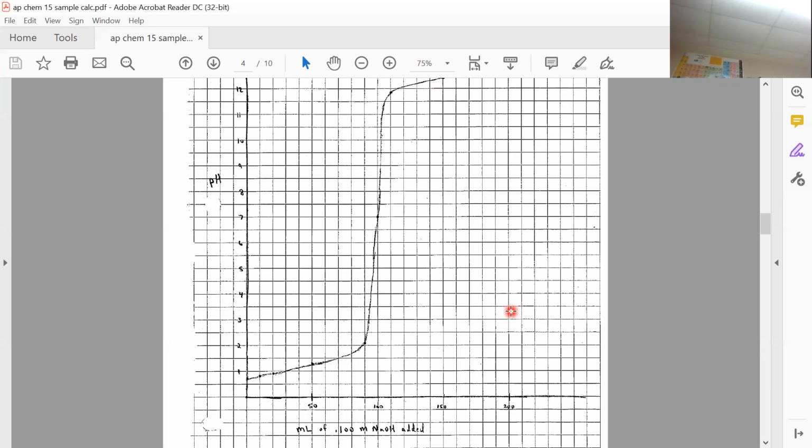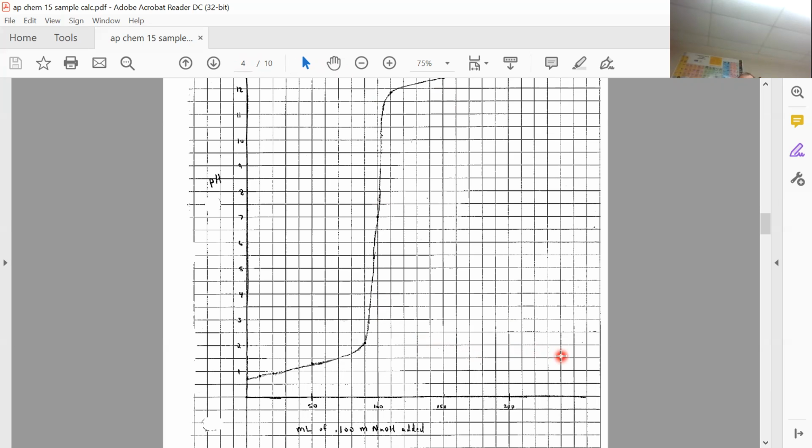This is a titration curve for a strong acid titrated with a strong base. I'm not going to do a strong base with a strong acid, but you could expect a similar thing where you'd start with a high pH, it would gradually drop, and then it'd drop way down, and then it'd start to level off like this.